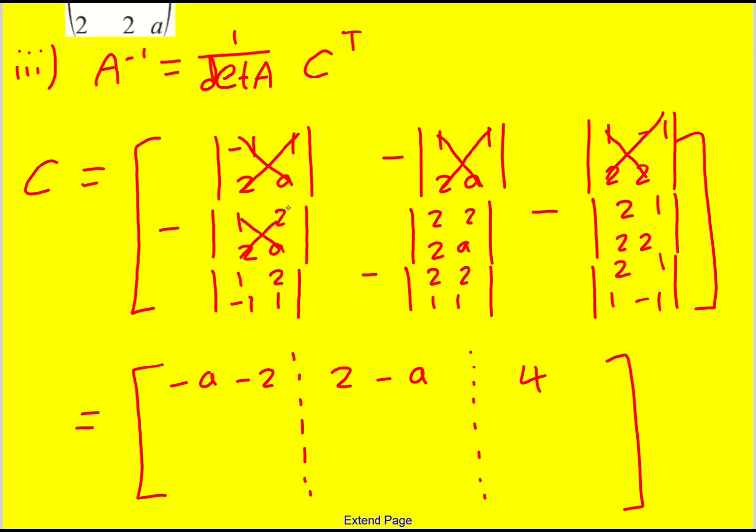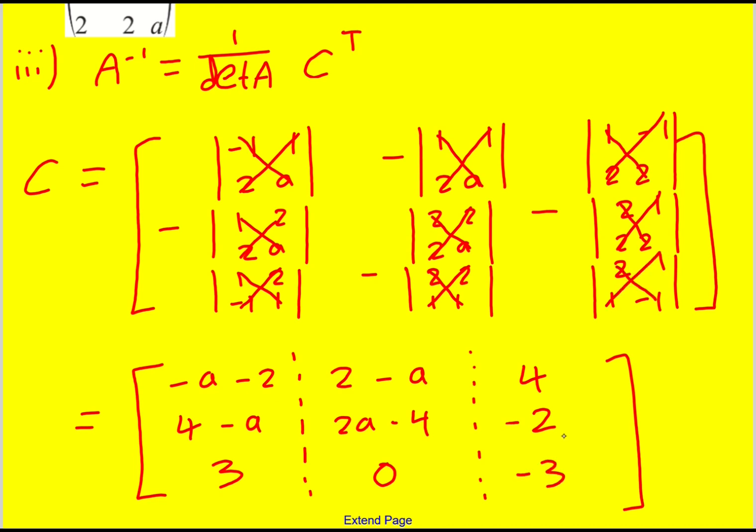Then a minus 4, but I'm doing the minus of it, so 4 minus a. 2a minus 4. 4 minus 2, which is 2, but the minus of that, so I'll get minus 2. 1 minus minus 2, so 3. 2 minus 2, which is 0, the minus of that is still 0. Then minus 2 minus 1 gives me minus 3.